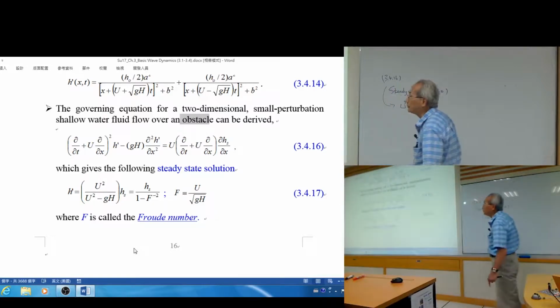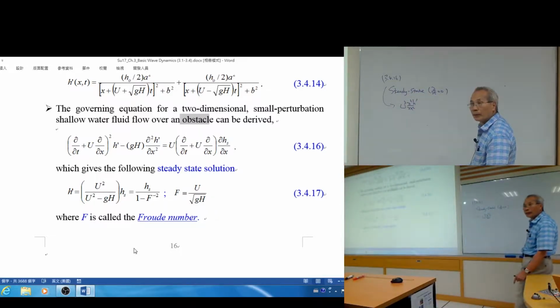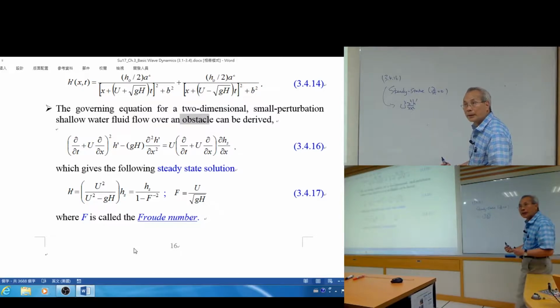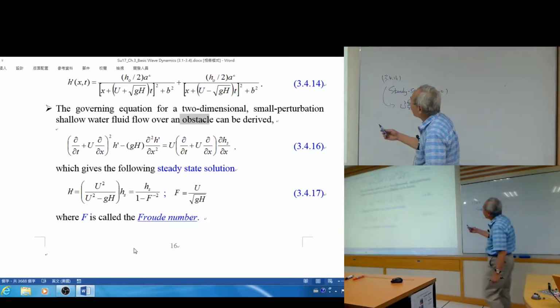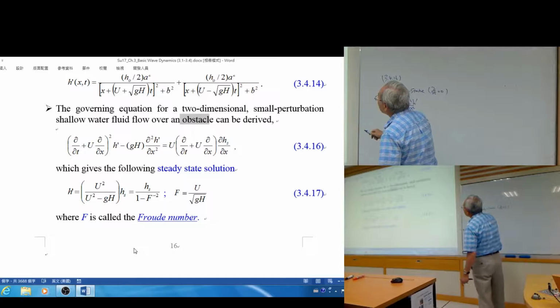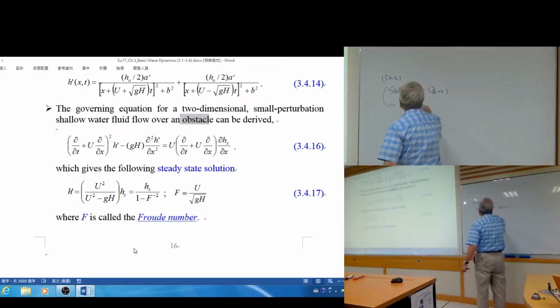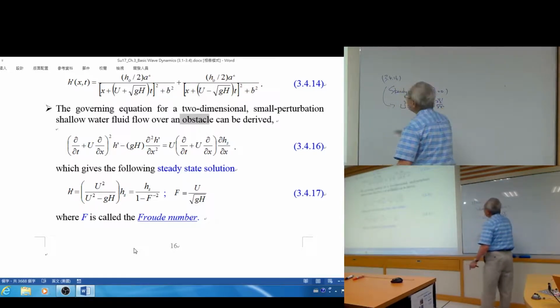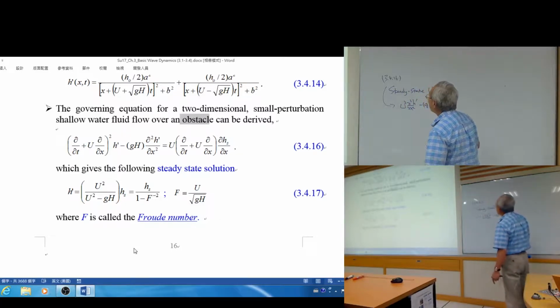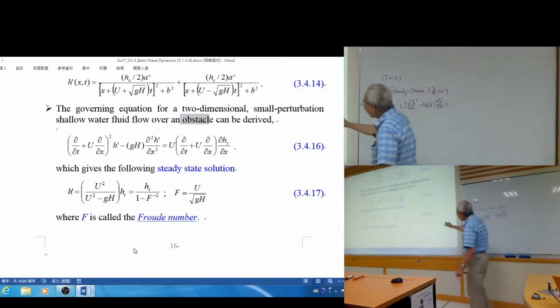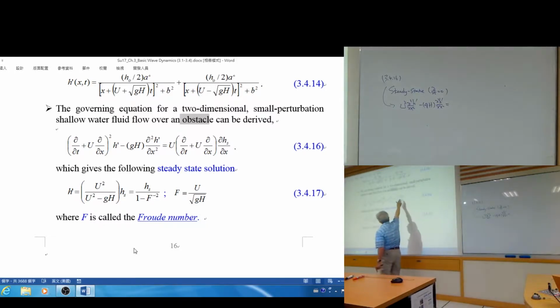The first term, right? Everybody follows me? Okay, and then the second term, we still have gh, and then partial square h prime, partial x square. And then this term, it's a mountain, right?